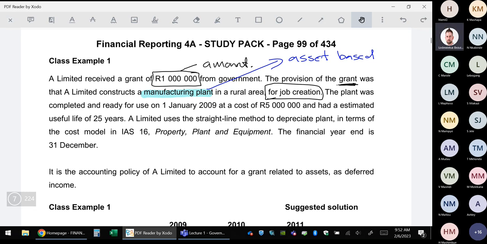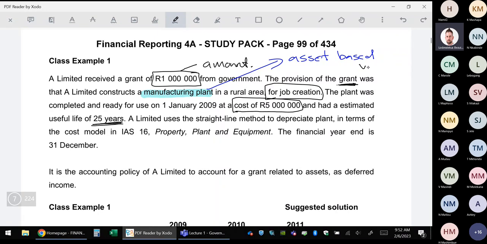So when you have information on government grants, the first thing you do is you see, is it income-based or asset-based? In this example, it is asset-based because it is linked to an asset that we will use for PPE that we have to purchase. All right, so the plant was completed and ready for use on the 1st of January, and the cost was 5 million and had an estimated useful life of 25 years.